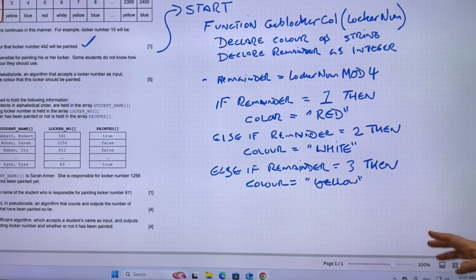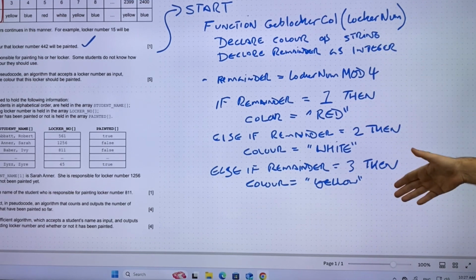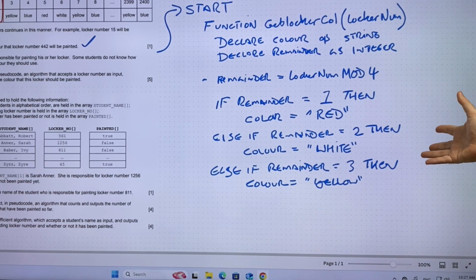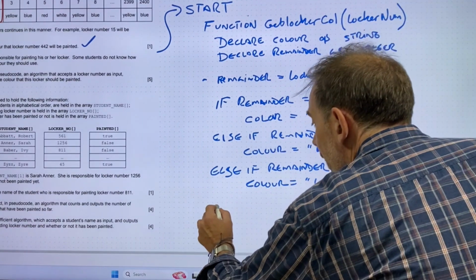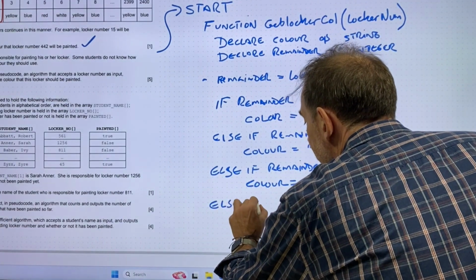But we've got a final colour, we've got blue, and blue is when the remainder is 0. So, what can we do for that? I could stick in an else, but just for the sake of it, I'm going to continue with else if.